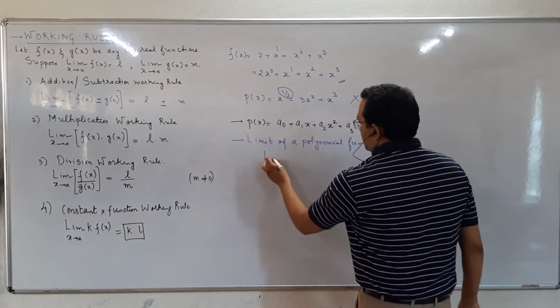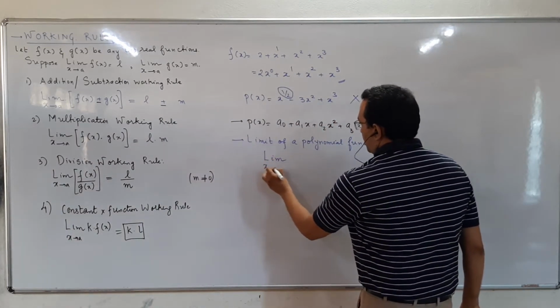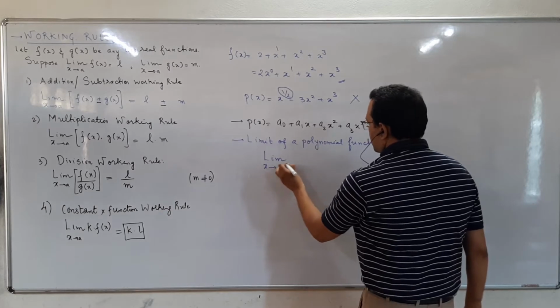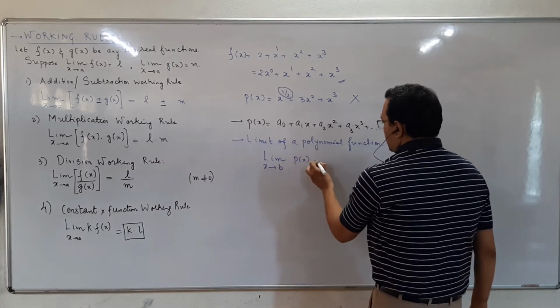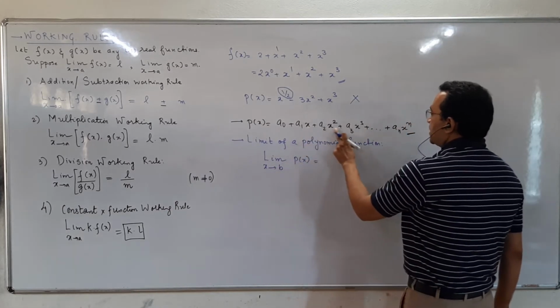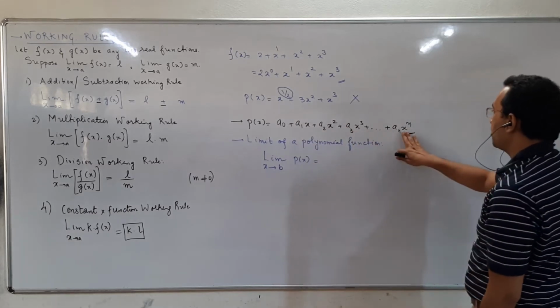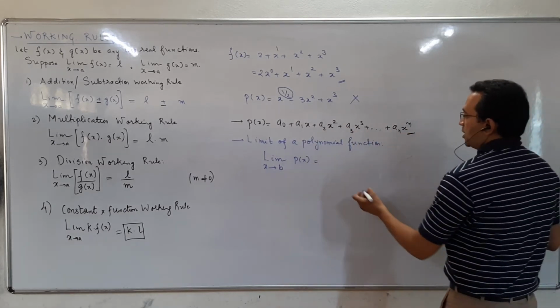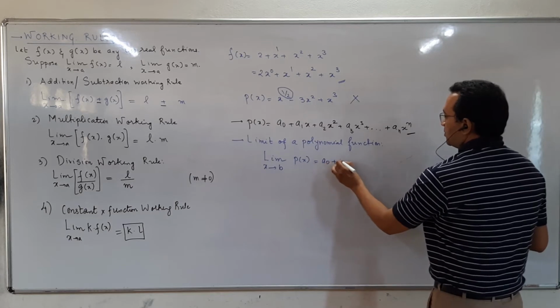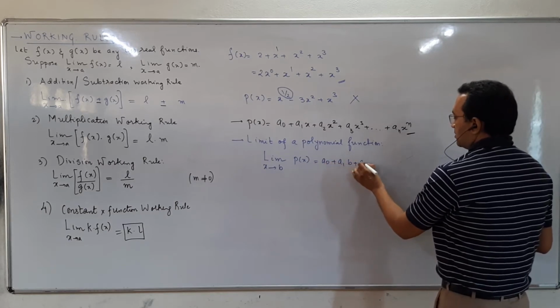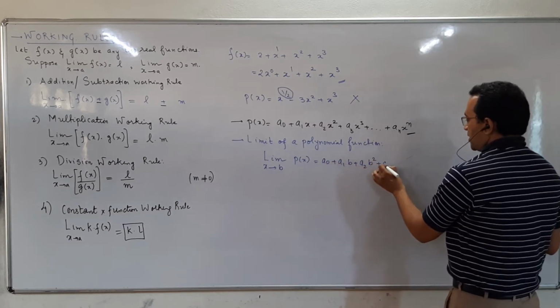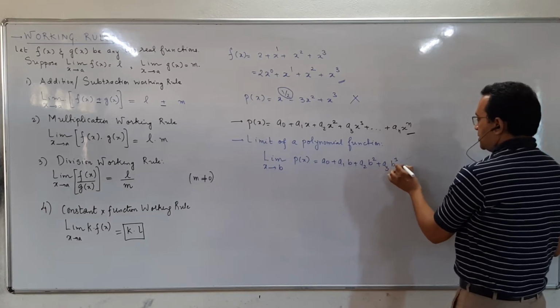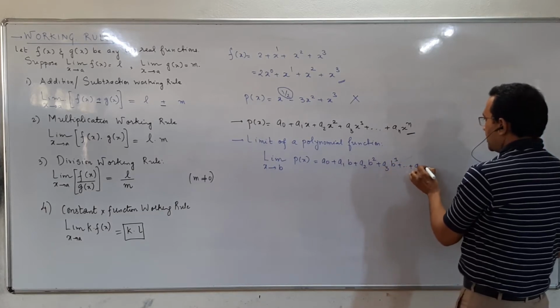So, the limit of polynomial function as x tends to b will be nothing but replacing every x by b in this polynomial function. So, the answer will be a0 plus a1b plus a2b square plus a3b cube up to anb raised to n.